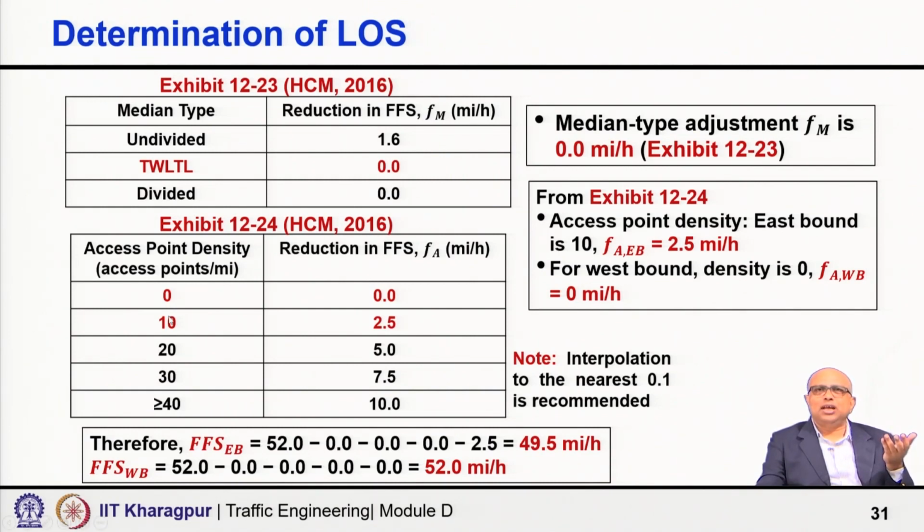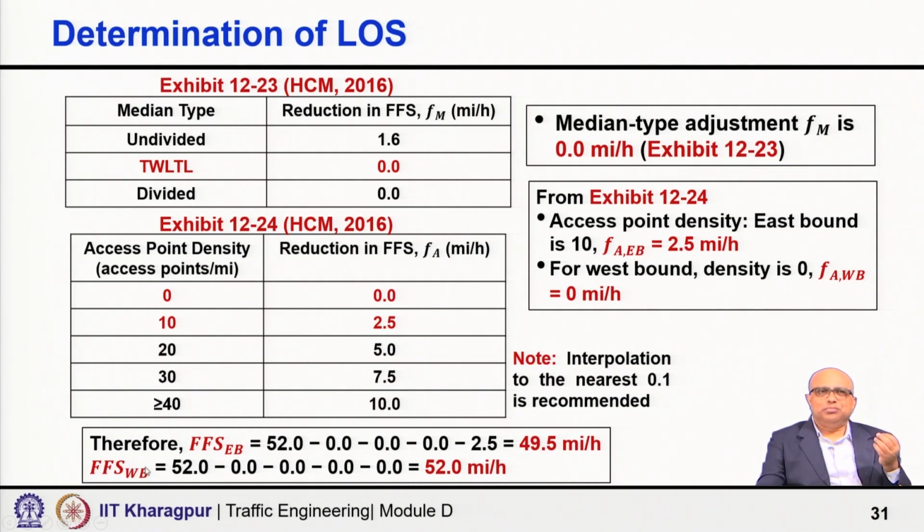So, on one side we have eastbound, it is 10. So, eastbound there will be reduction of 2.5 mile per hour free flow speed, but westbound it is 0. So, separate value, earlier all the same, but now here it would be different for eastbound and westbound. So, in one case, based on the access point density, we have to reduce the free flow speed by 2.5 mile per hour, and in another case it is 0.